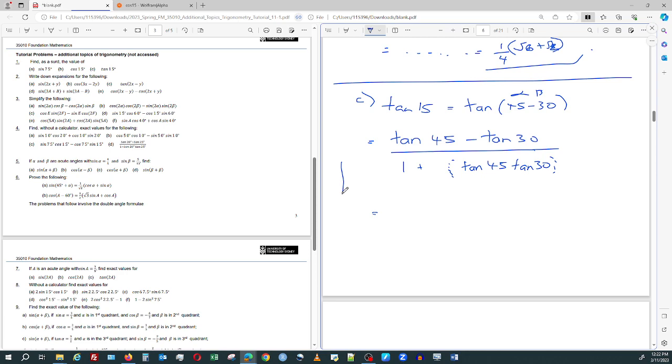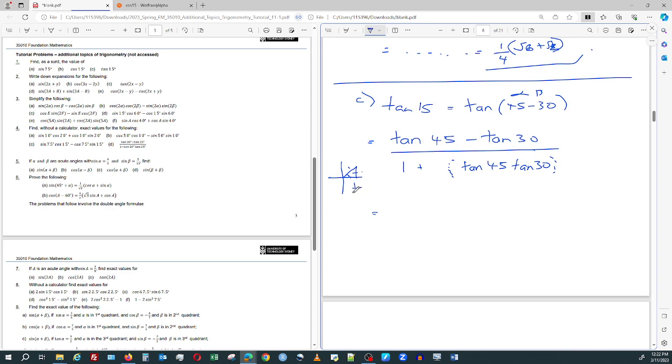Well, we need our two triangles. There's our 45-degree triangle. Same. 1 over root 2, 1 over root 2. So tan 45 is opposite over adjacent.